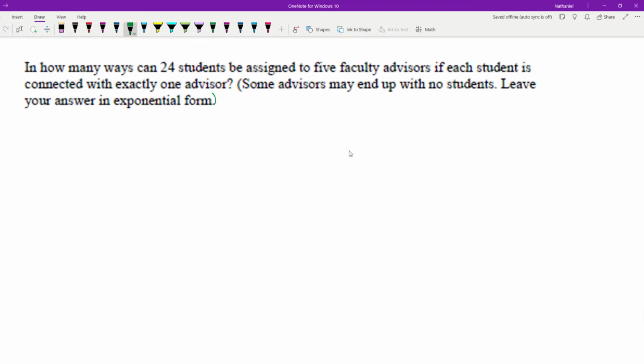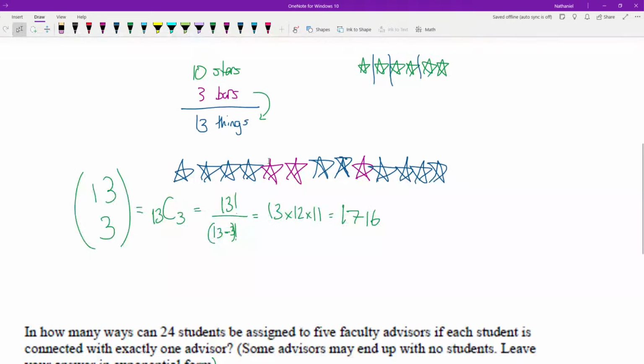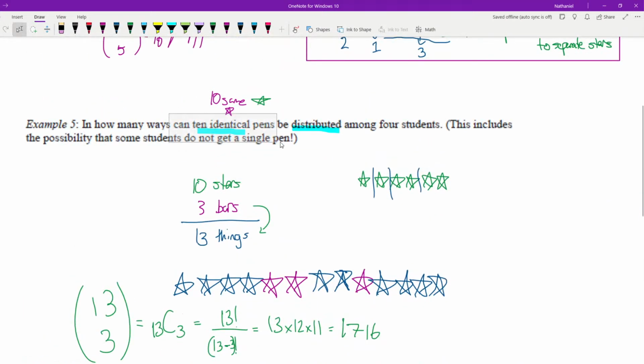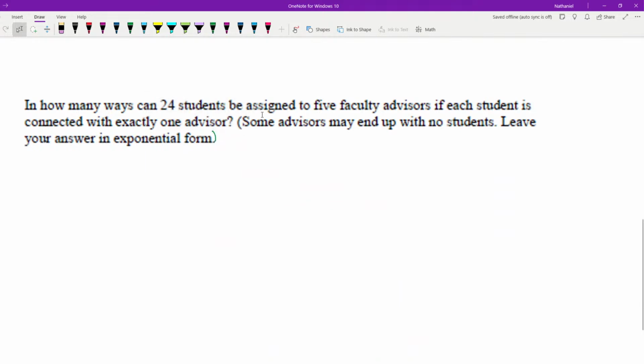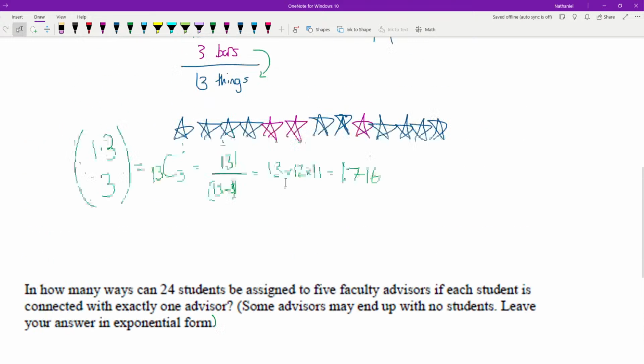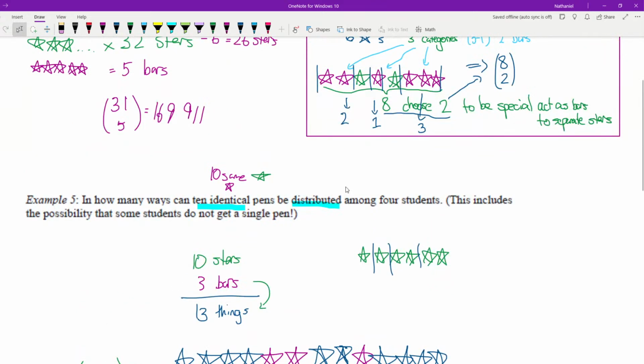So, this might look a lot like these last ones. How many ways can 10 pens be distributed among 4 students? How many ways can 24 students be assigned, distributed to 5 faculty advisors? Right. What was one of the first things that I highlighted in one of these ones? Something that I underlined even.